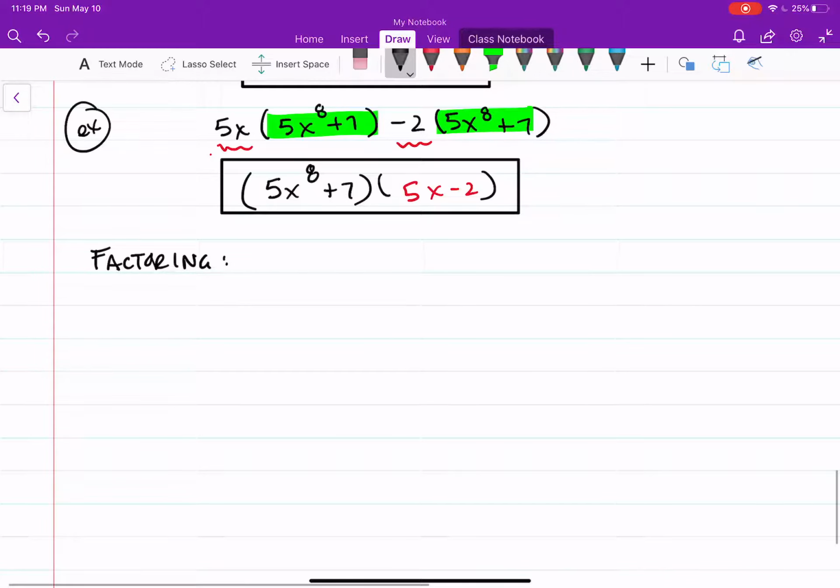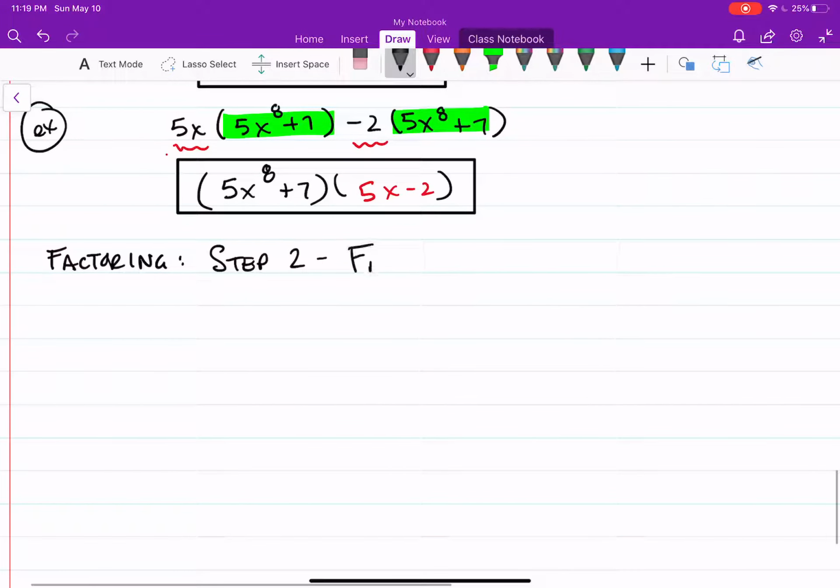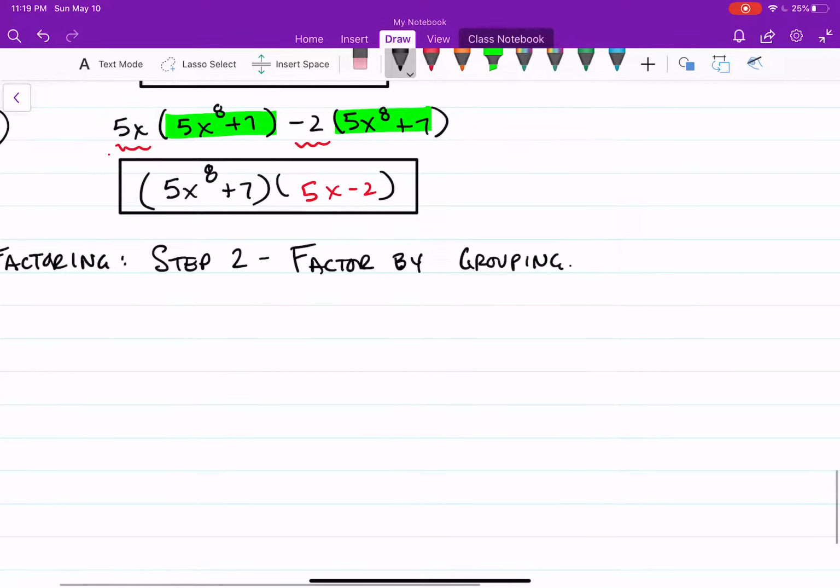But we're going to talk about step 2. And one of the steps in step 2 is called factor by grouping. I want to rewrite this, actually. Step 2, factoring 4 terms.